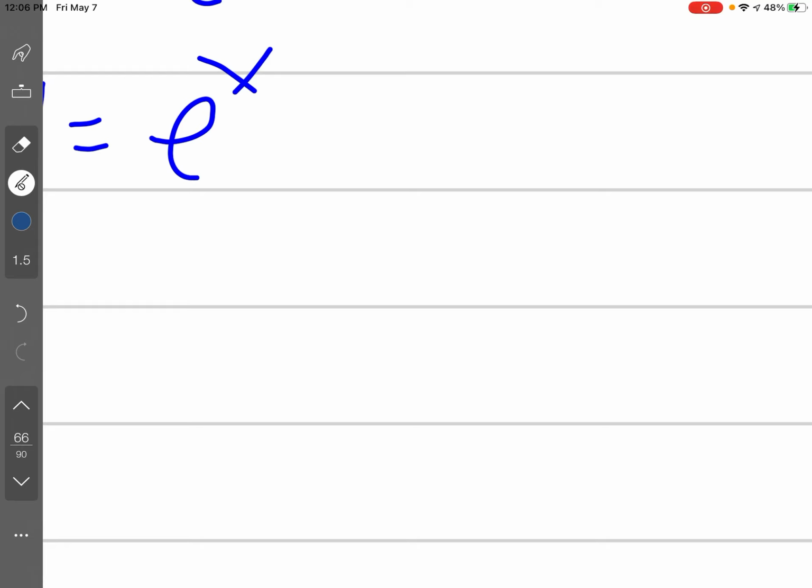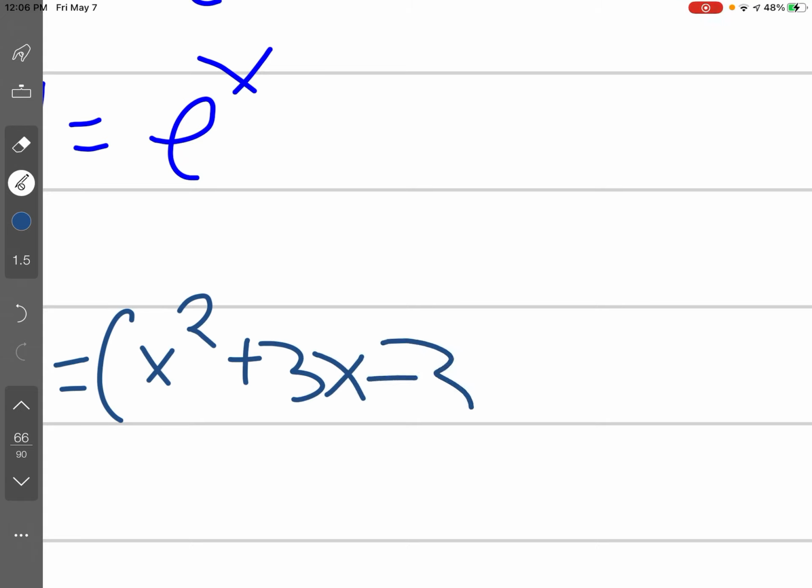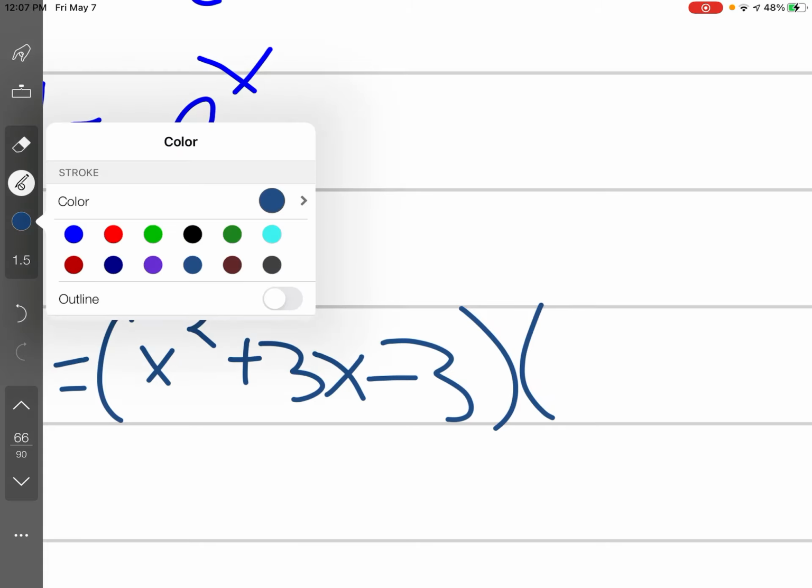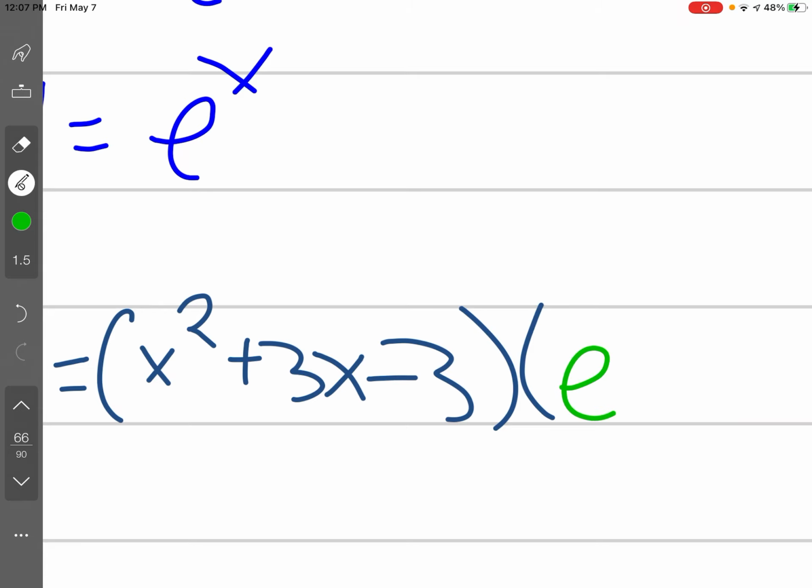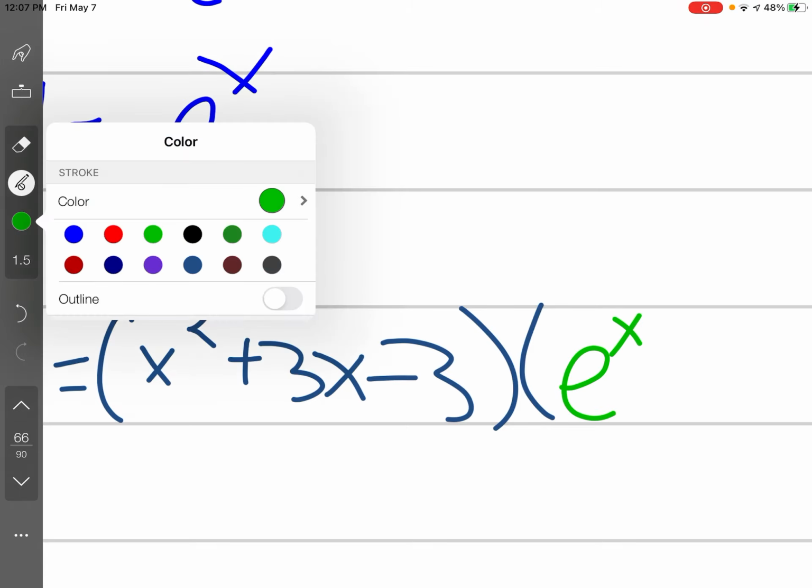First of all, I say f times g prime. So x squared plus 3x minus 3, multiplied by g prime, which is also e to the x.